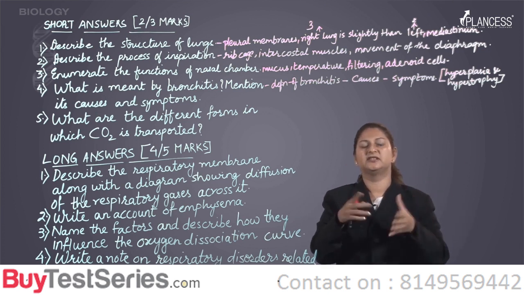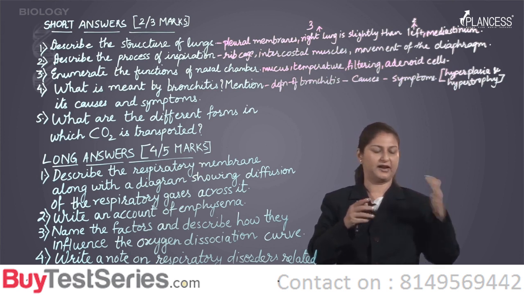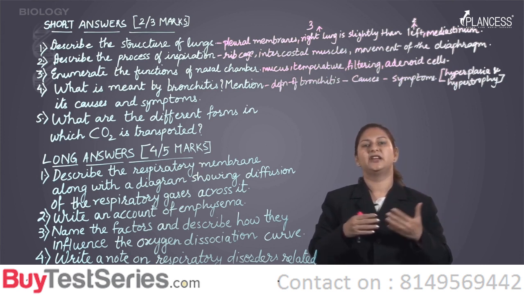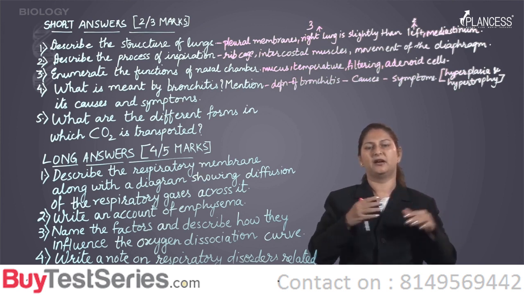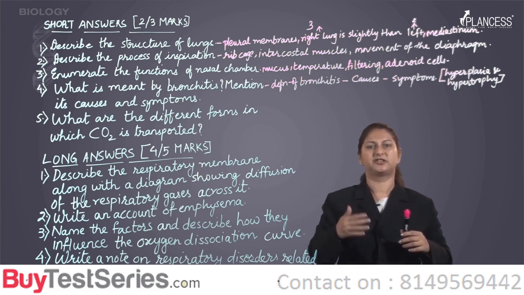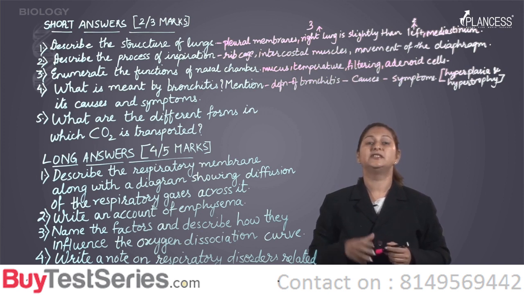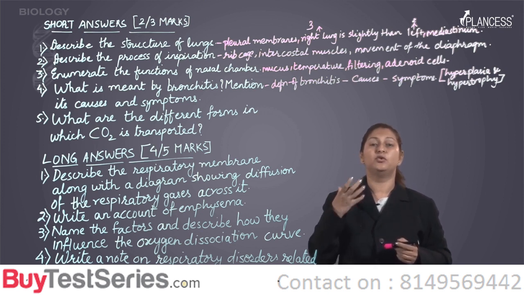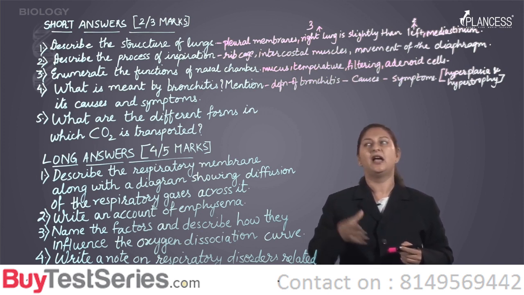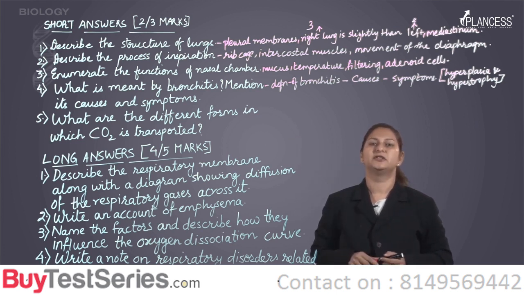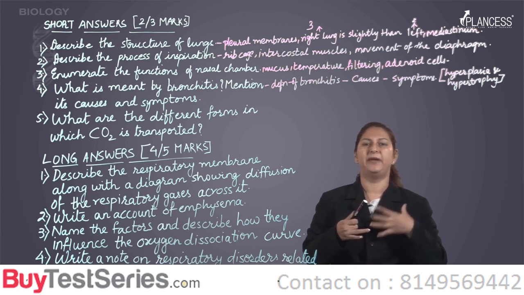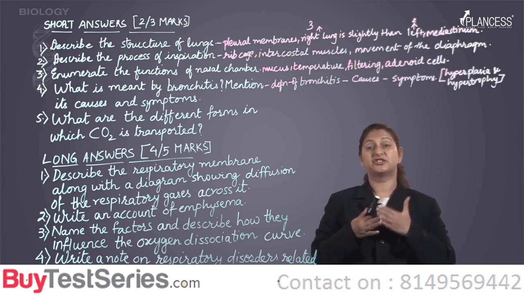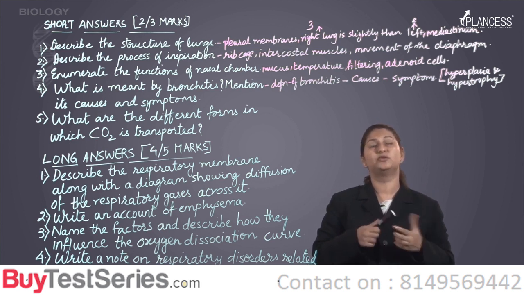As it increases, it affects the adjacent cells, and the exchange of gases is difficult, and because of the infection or inflammation, fluid is secreted, mucus is secreted, it gets infected, and in the symptoms you can mention constant coughing with a throbbing pain in the chest cavity, and definitely mention the sputum.